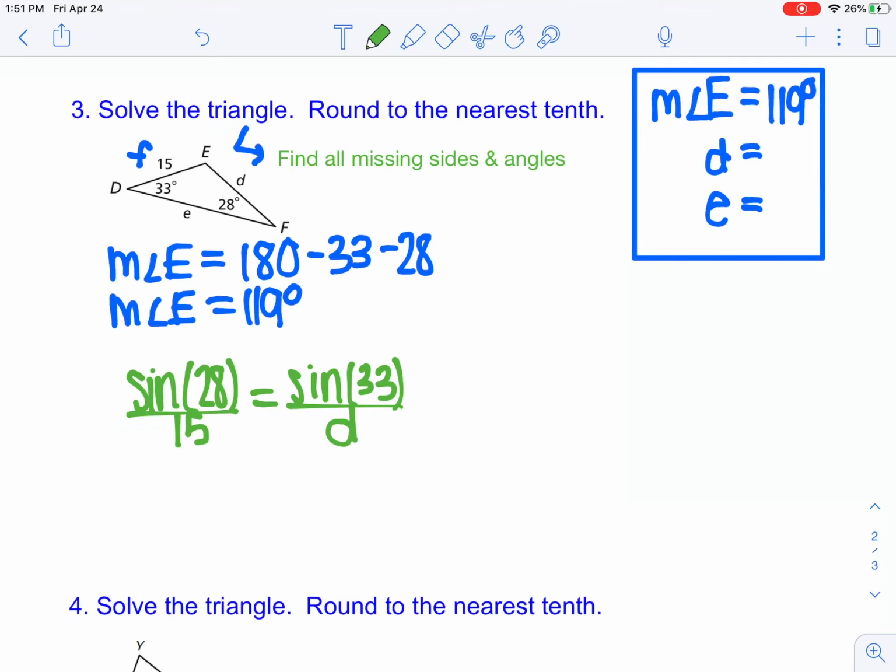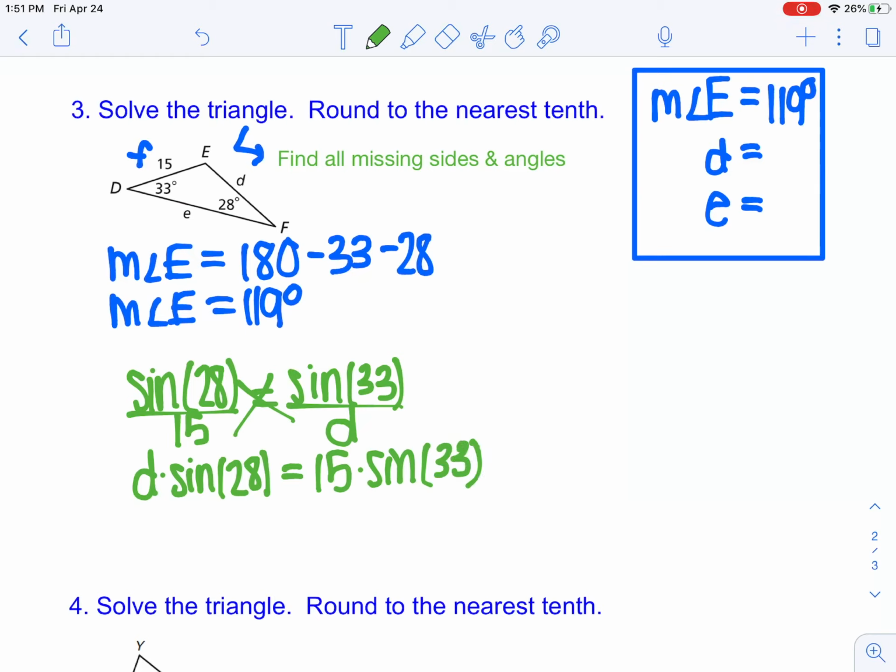Once you have your proportion set up, there should only be one thing that you are missing. I know all other three values here. The only way to solve is if we only have one thing missing in our proportion. From here we can cross multiply and we get d times the sine of 28 equals 15 times the sine of 33.